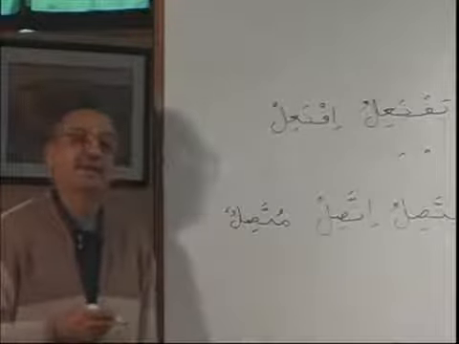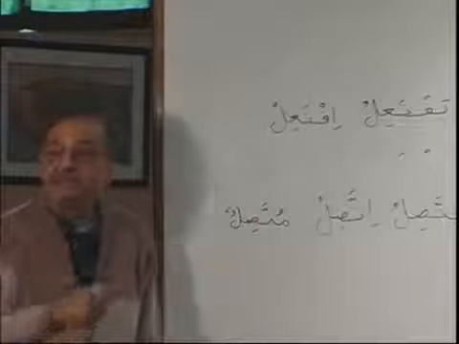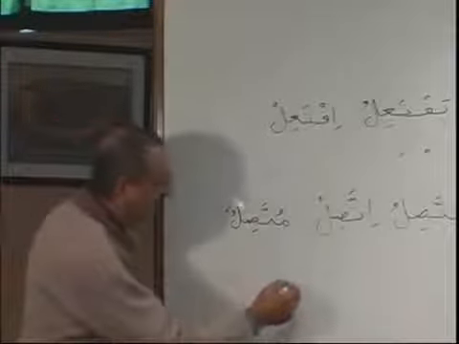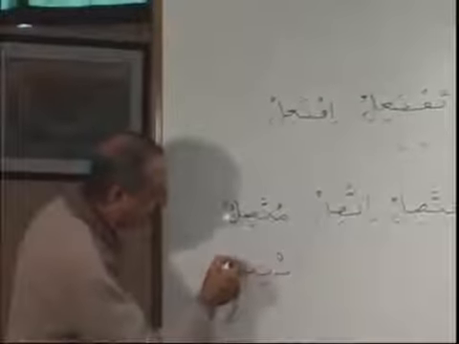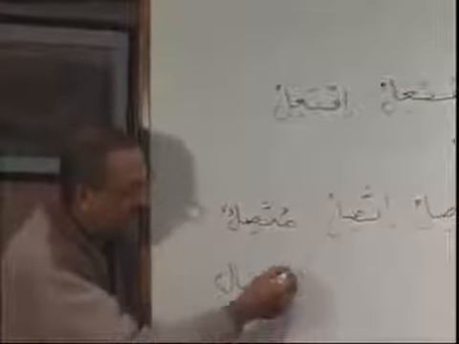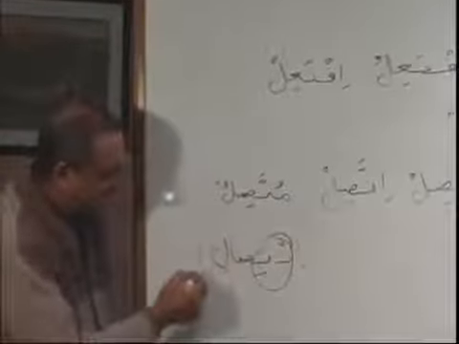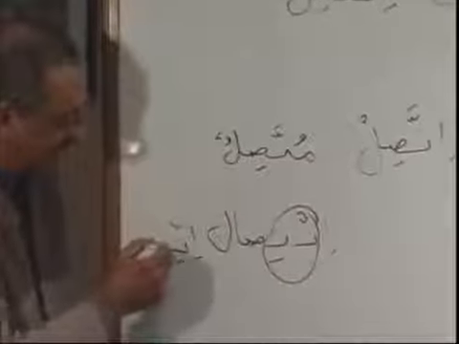Now let us make ittisalun. Which is like this, brother. Remember? How did I write two tas? Now you make an idgham, it becomes ittisalun.